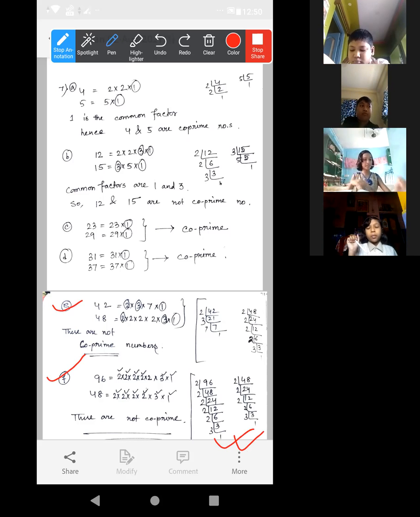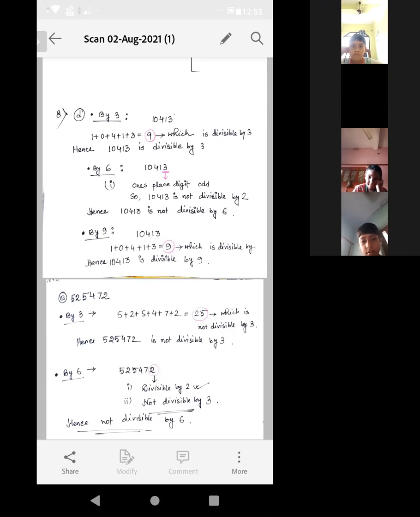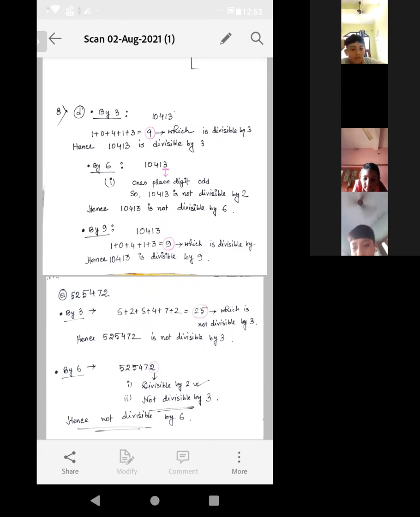Those who have completed, they can show me their copy. Question number 8. Let me explain. Some numbers are given. We have to check the divisibility rules for the following numbers, whether the numbers are divisible by 3, 6 or 9, individually. One thing, suppose a number is divisible by 9, then it is divisible by 3 also, because 3 is a factor of 9.